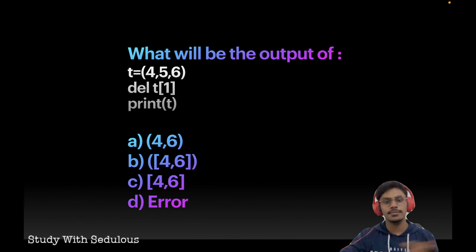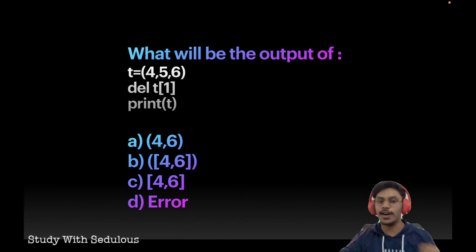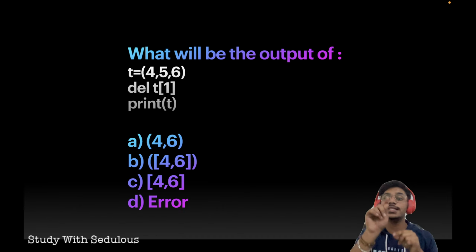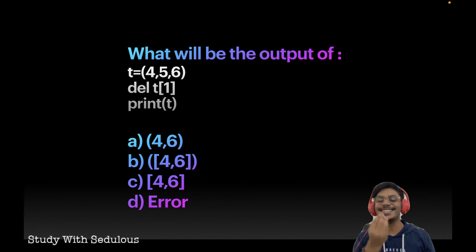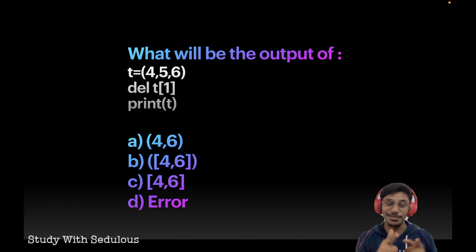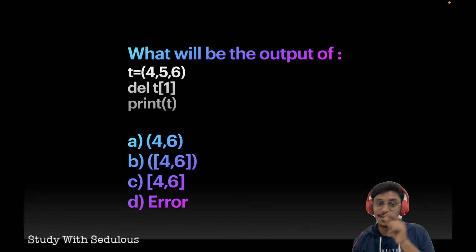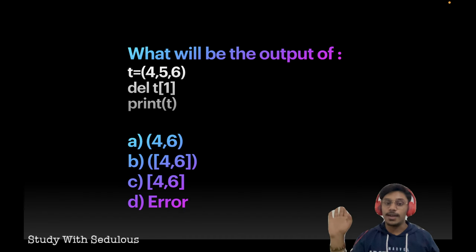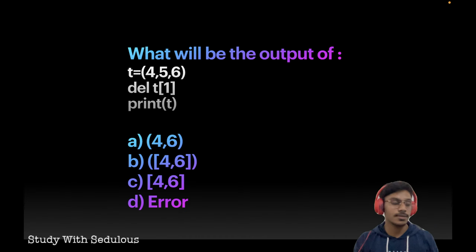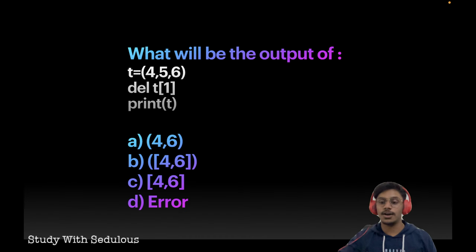Option A. Now in this one, T1 of 1 is the indexing. 4 has index of 0, 5 is 1, 6 is 2. So delete T1 will delete the 5. Just get 4 and 6, and we'll just print it out. 4, 6. Option A.